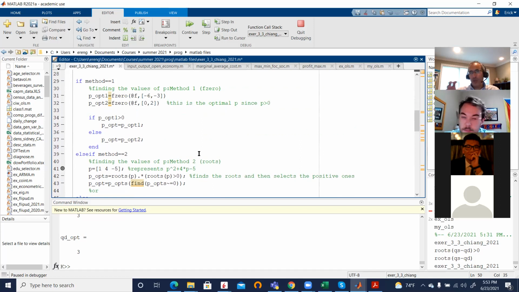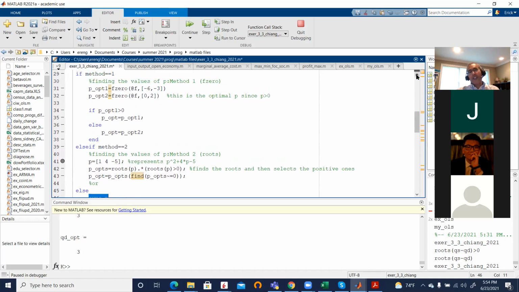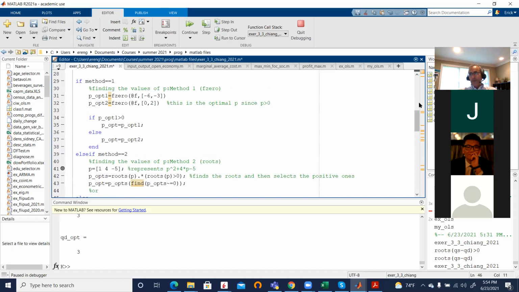You have 5 minutes to do that, guys. I want you to create a third method that is using symbolics. The only thing that is going to change is that you need to add an else condition here, add syms, and then you work with that. We have done examples last week. Okay, 5 minutes to do this.